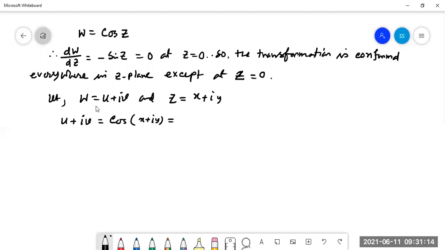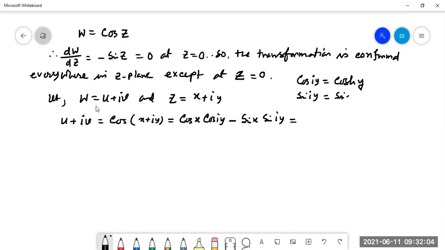Cos of A plus B equals cos A cos B minus sin A sin B. Another relation we know is that cos IY means cos hyperbolic y, and sin IY means I sin hyperbolic y.